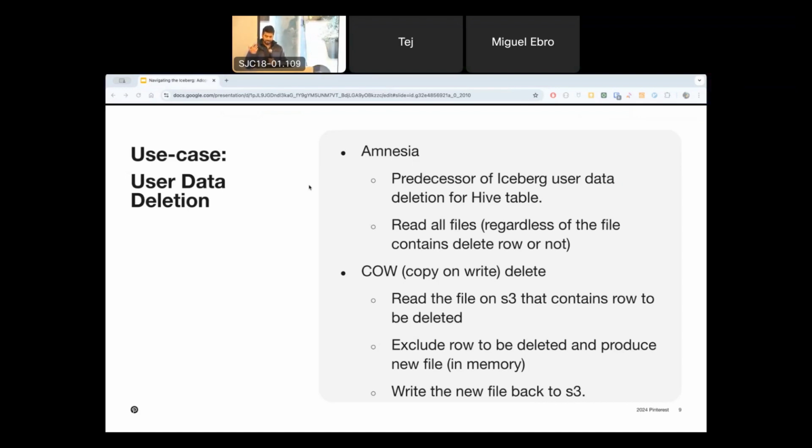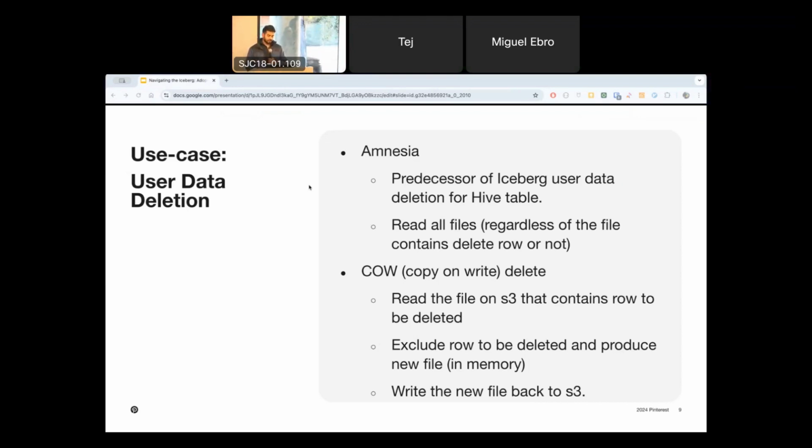So we just read the files from S3 that contain the rows or the users that need to be deleted. We exclude those and just rewrite those files, right? And again, if the number of files that you're rewriting is all the files in the table, you are the same as rewriting the whole table.